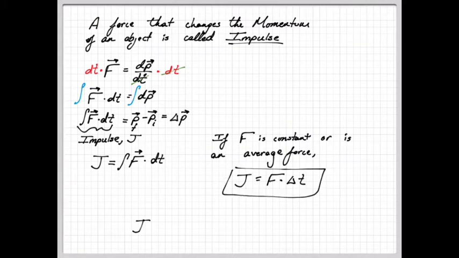Now when we combine all this together, impulse is the integral of force over time, which is also equal to the change in momentum. We refer to this as the impulse momentum theorem.